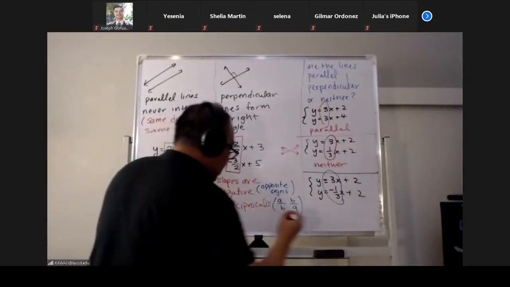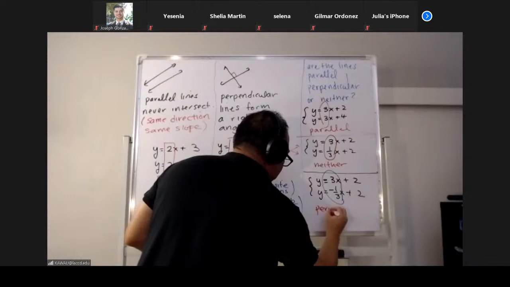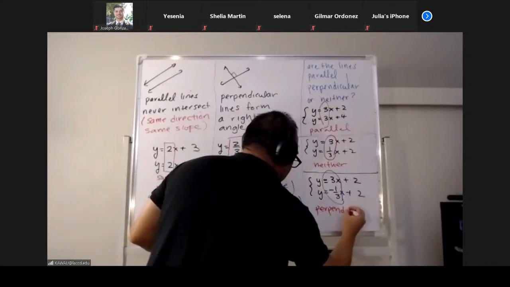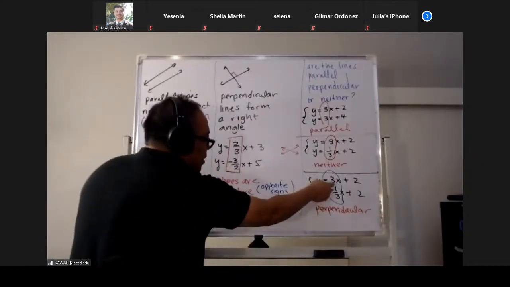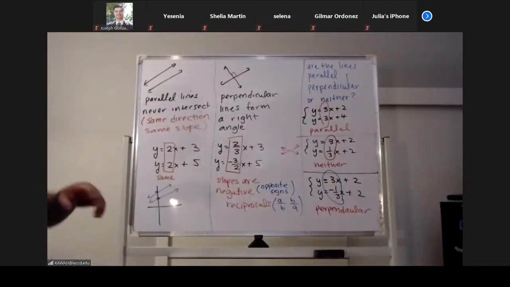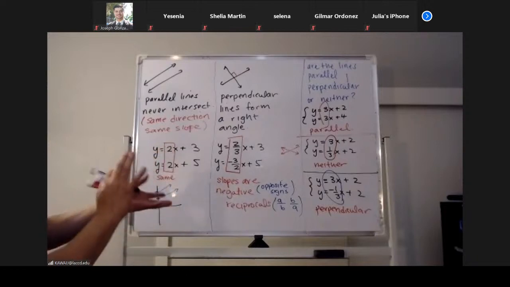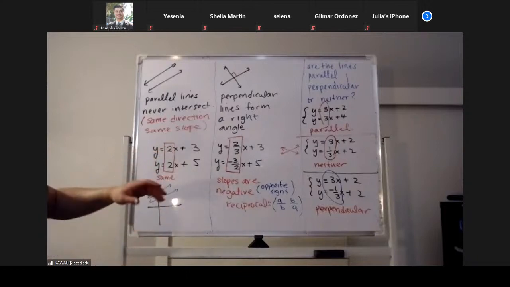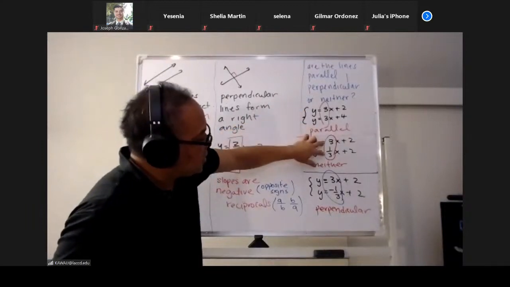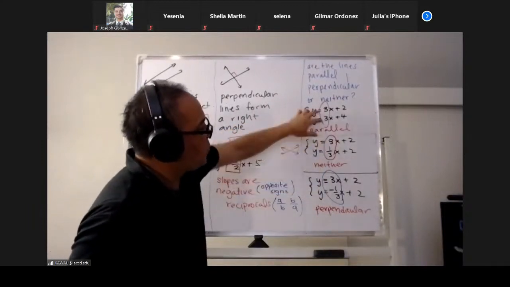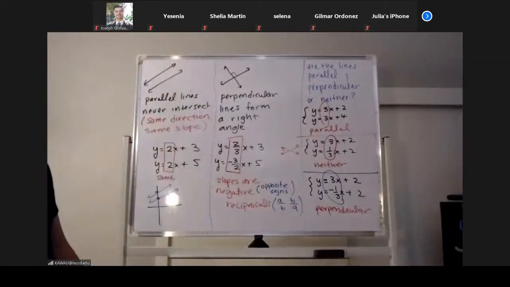So this will be perpendicular. And the reason why is that these 2 are opposite signs. So the way you can tell whether something is parallel, perpendicular, or neither is that you have to convert it into slope-intercept, and then you're just looking at the slope. You're not looking at anything else and making a comparison.